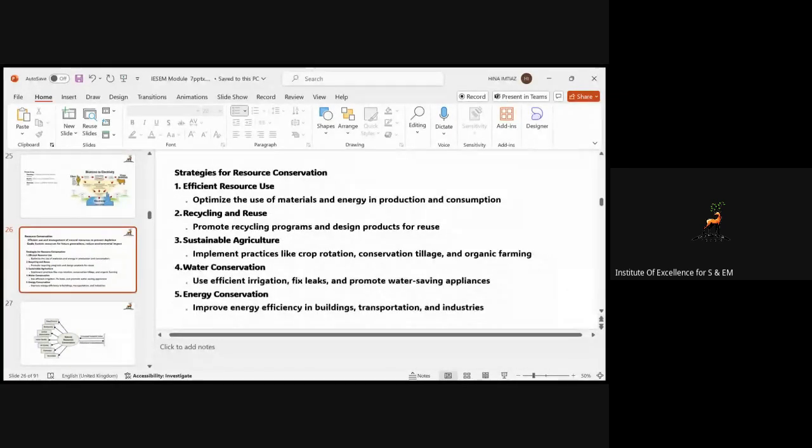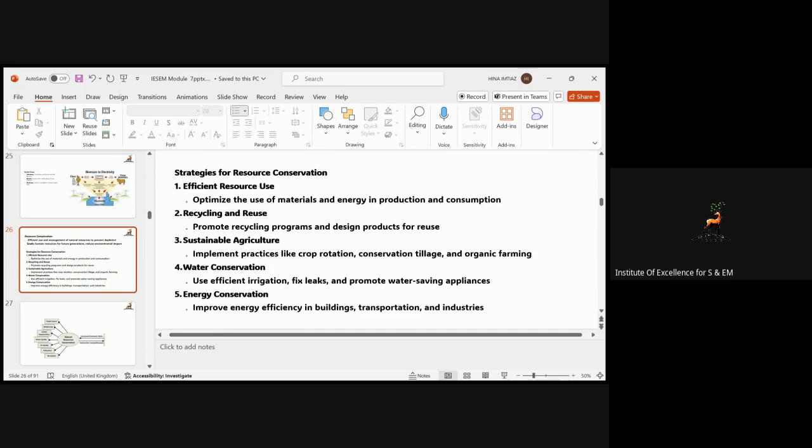The first one is efficient resource use, where we optimize the use of material and energy in production and consumption, and we have to reuse and recycle. We have to introduce programs which offer recycling and new designs for products. And we have to implement practices like crop rotation: if our crop is utilizing more water, you have to sow seeds for the next crop which requires less water.